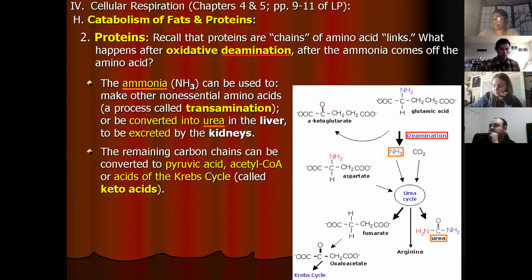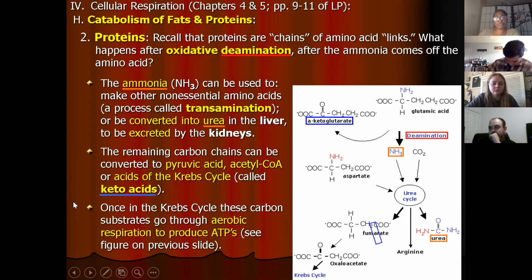But those remaining CCs, the carbon chains from the amino acids, can be made into pyruvic acid, acetyl-CoA, and most of the intermediates of the Krebs cycle, which we call keto acids. Those are the intermediates of the Krebs cycle, in those blue boxes. So if you have oxygen, you can make ATP from amino acids.